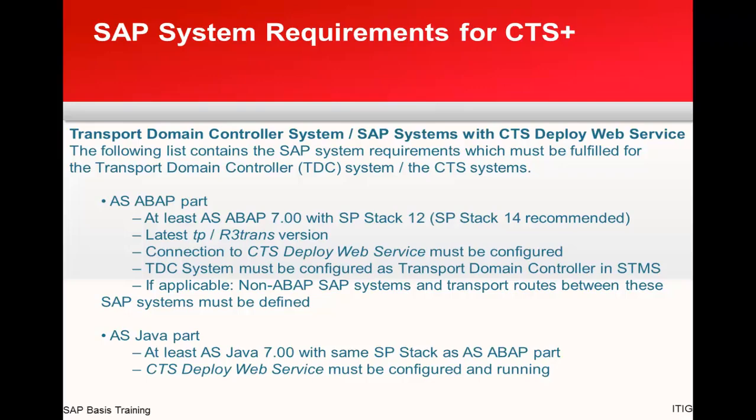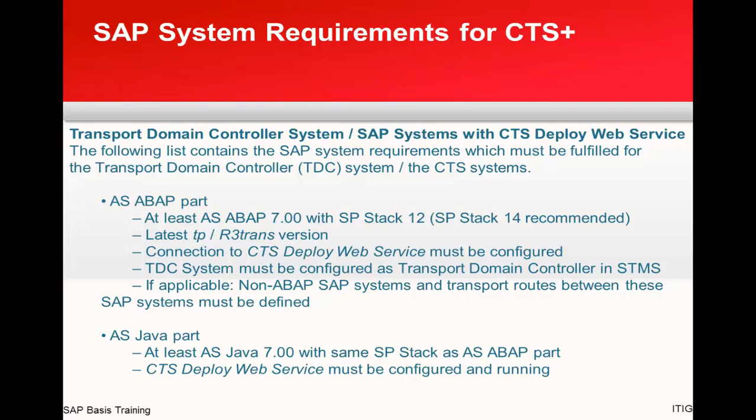Okay, so the transport domain controller, that is TDC, and an SAP system with the CTS deploy web service. The following list contains the SAP system requirements which must be fulfilled for the transport domain controller, the CTS systems. On the ABAP side, you need to have at least ABAP 7.0 with service pack 12, 14 is recommended.